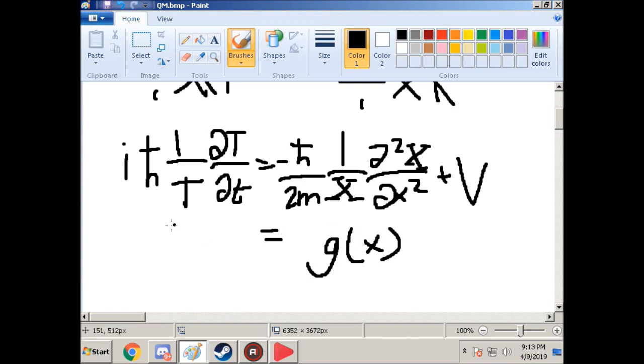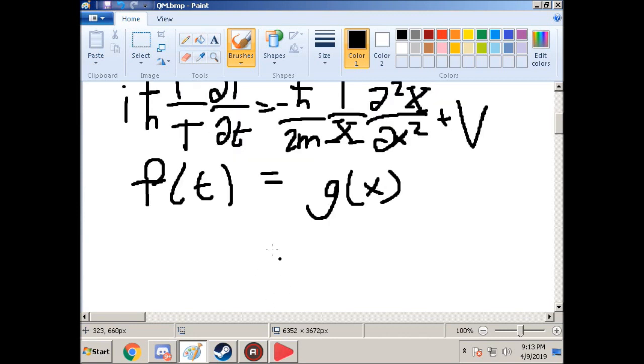This left hand side is a function only of t, right? There's no x dependence here, nor is there any other variable, so this is a function only of t. So how can a function completely of time be equal to a function completely of x? There's no way, unless they're both constants.